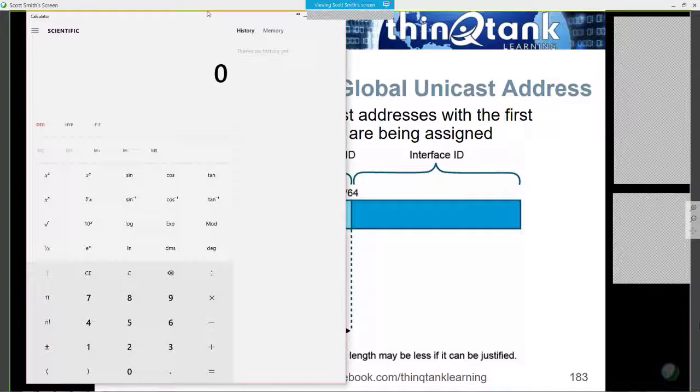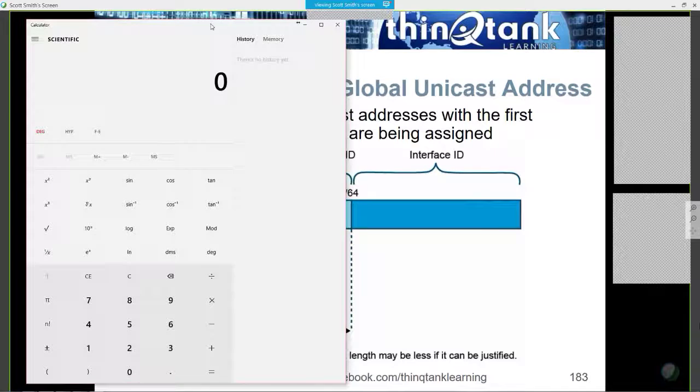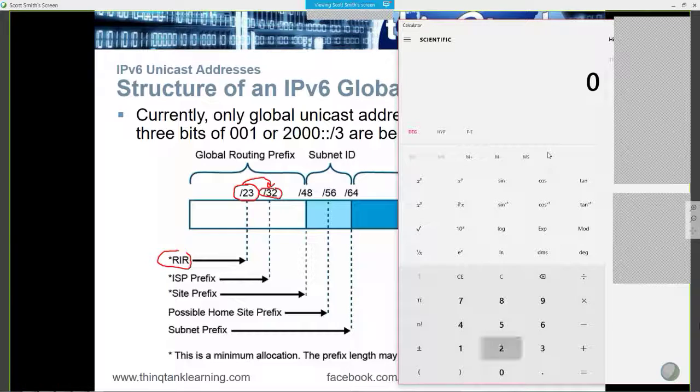Not 32, 2 to the power of what? So 2 to the power of 9. So that's 512 prefixes within each region for the ISPs. Now you might look at that and go, well, that's not a whole lot of networks. But remember, there's 8 million of those prefixes that are available for the regional internet registries, and for each of the 512 subnets. It's a lot, okay?